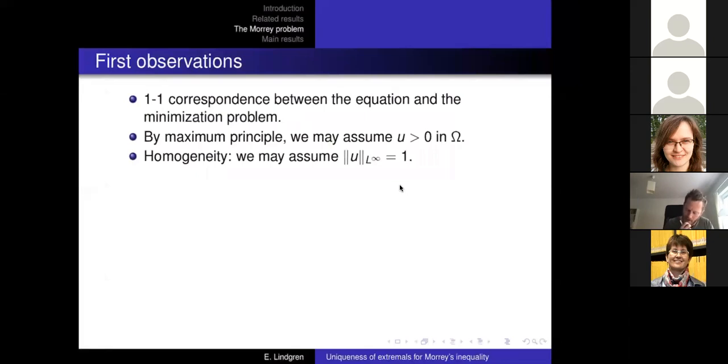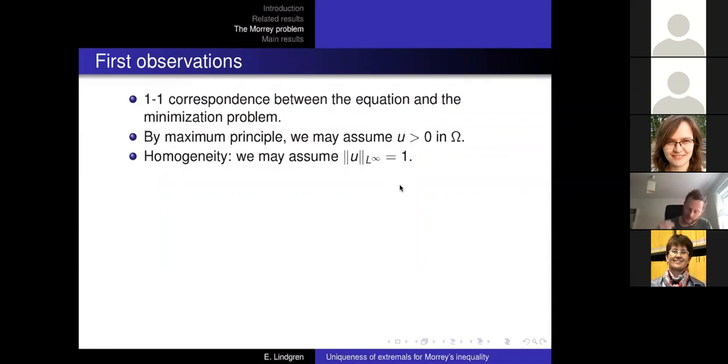So this means that u will be between 0 and whatever value it has at the point x0. So depending on the sign, it will be either strictly positive or strictly negative. Okay, so then if we just multiply with -1, if the function happens to be negative, we may always assume that u is strictly positive in omega.